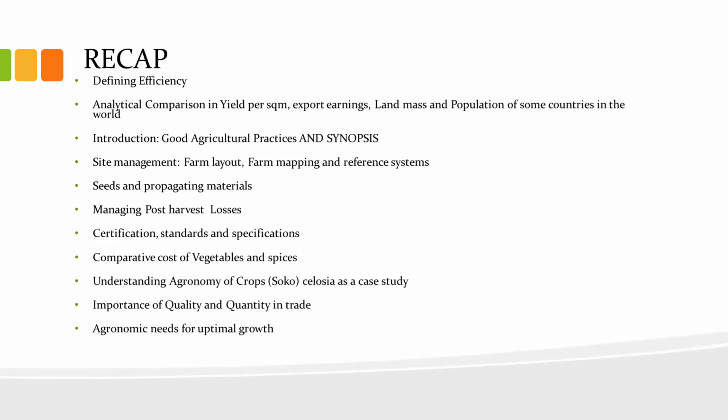Because we have a very poor system of being consistent with our qualities and quantities, we are kept in the dark in international trade. These are some of the things the good agricultural practice system is supposed to help us achieve. And then we discussed the agronomic needs for optimal growth.